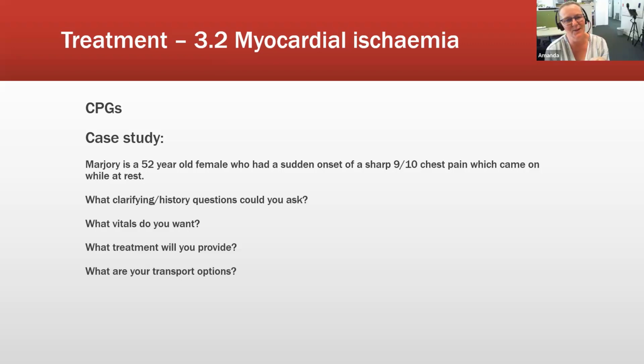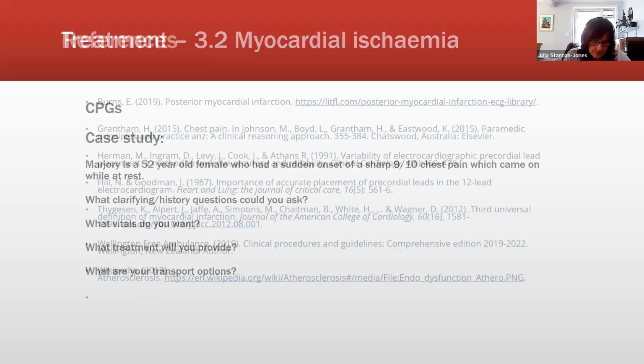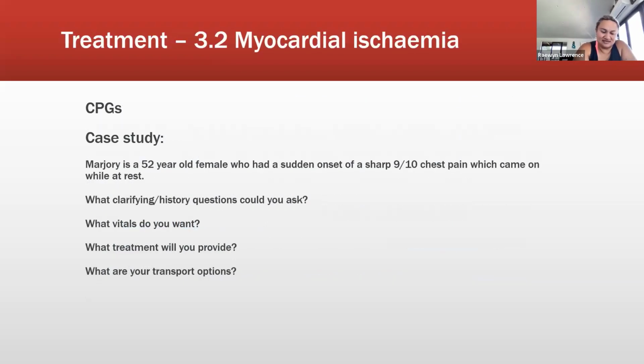So okay, what are we thinking about transport? Definitely transport. Definitely transport, I agree. Cool. All righty. And they're saying the 6 out of 10 pain, depending on how she progresses, that we want to get IV access if significant pain, a dysrhythmia or poor perfusion.